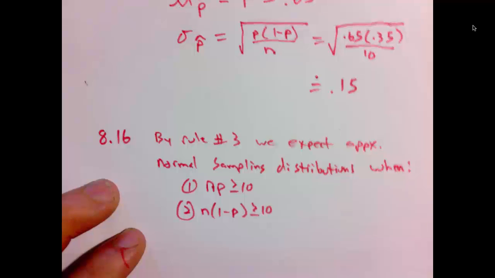They want us to investigate for p equals 0.65 and for p equals 0.2.